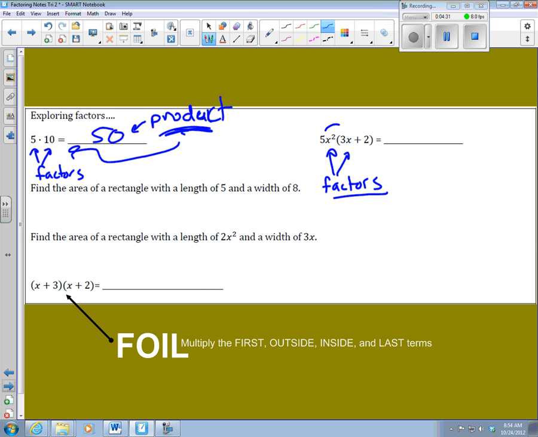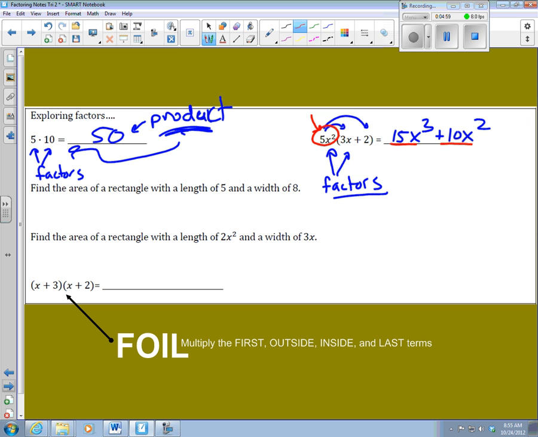If I was going to simplify this, I would use the distributive property. 5x squared, first of all, times the 3x is 15x cubed. And 5x squared times 2 is plus 10x squared. Now, this is what you're basically looking at. You're pulling out something from these two terms that they have in common. They're both divisible by 5.